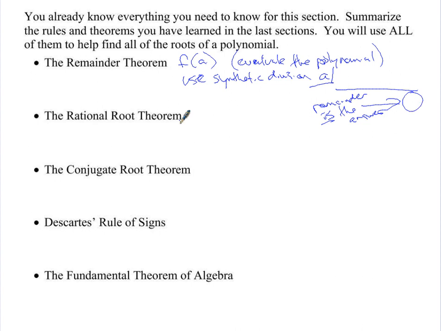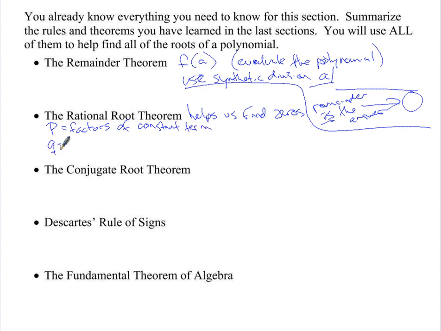What is the rational root theorem? It helps us find possible zeros. How? Isn't that the one where we do P equals the factors of what? Constant term.